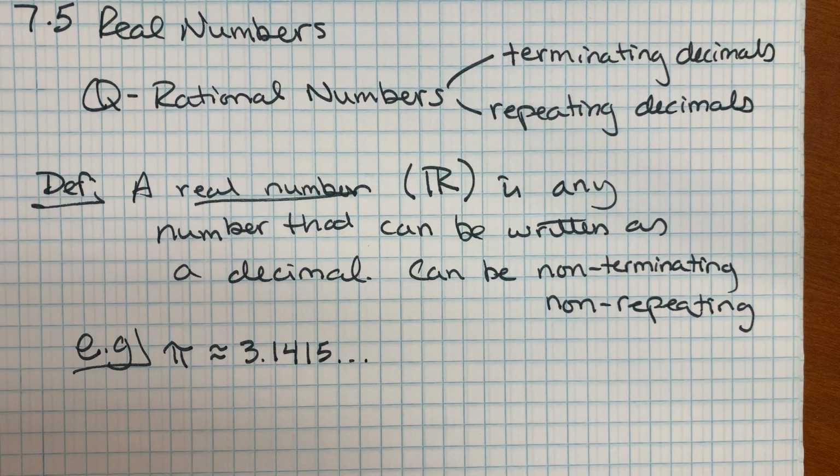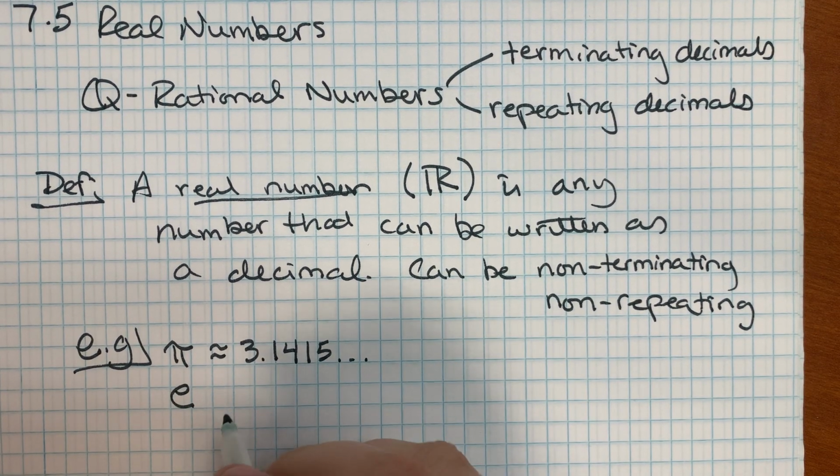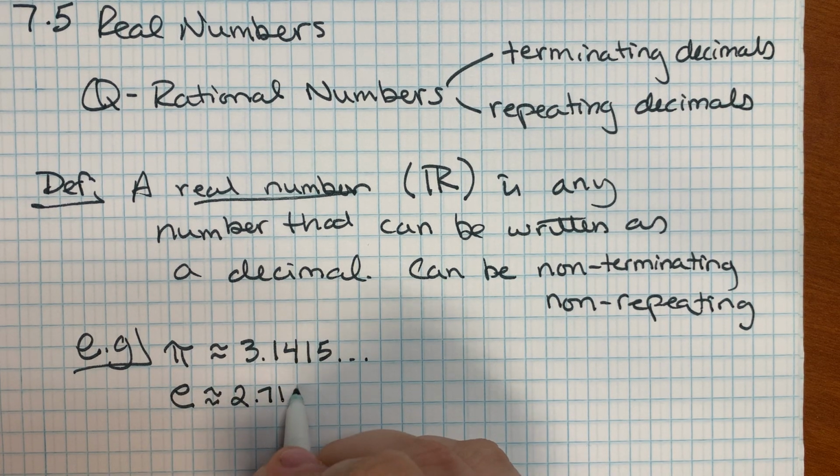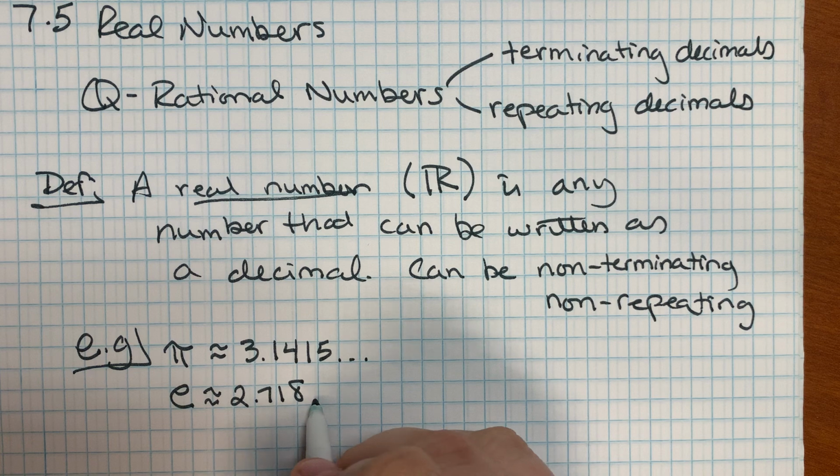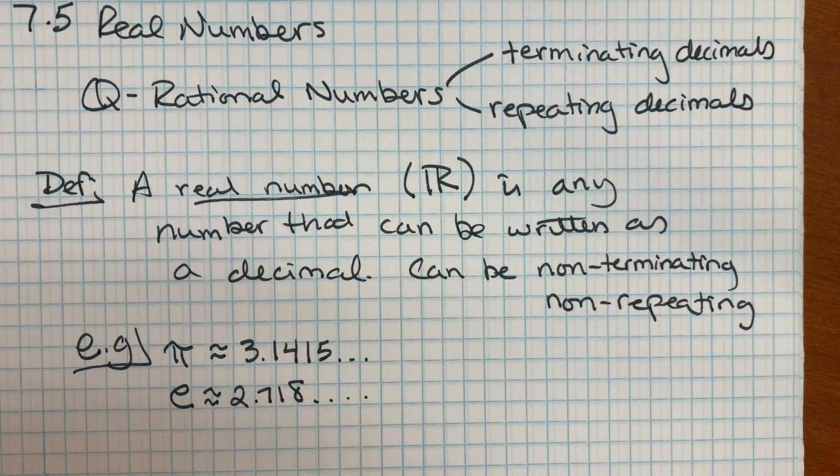Another number which never terminates or repeats is the number e, which is approximately 2.718, and it keeps going and going. These are really special numbers.